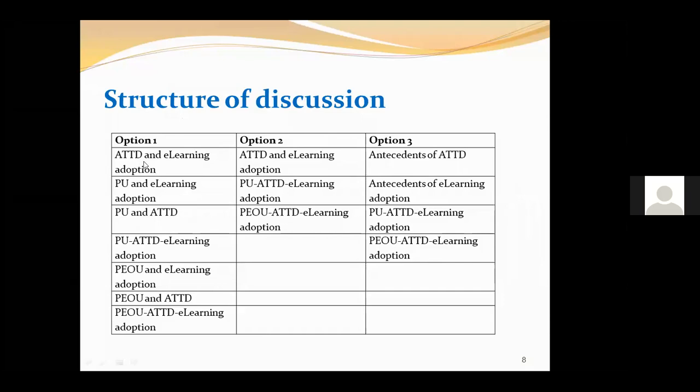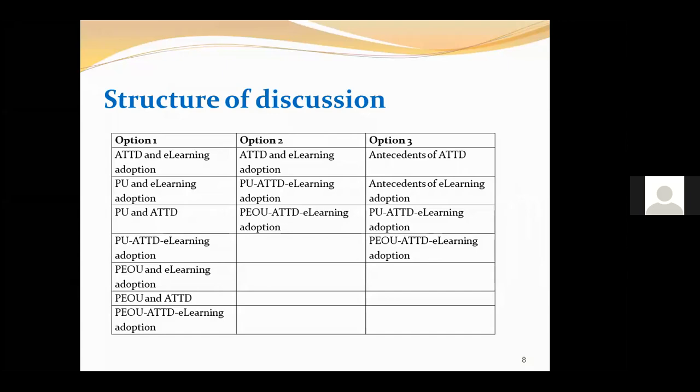Number one is on attitude and e-learning adoption, then perceived usefulness and e-learning adoption, then perceived usefulness and attitude, then the mediation effect. Then you have perceived ease of use and e-learning adoption, perceived ease of use and attitude, then the mediation effect. You can choose to make your discussion in that arrangement, okay?